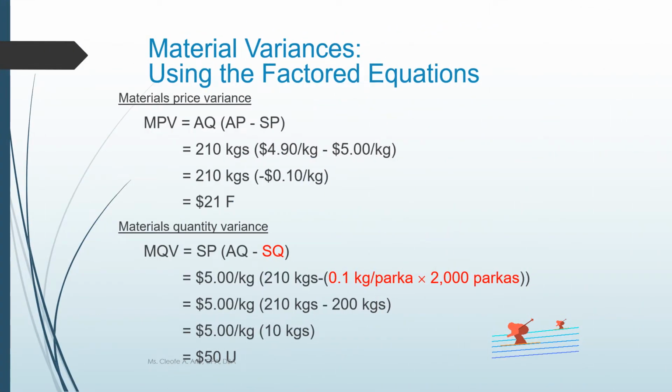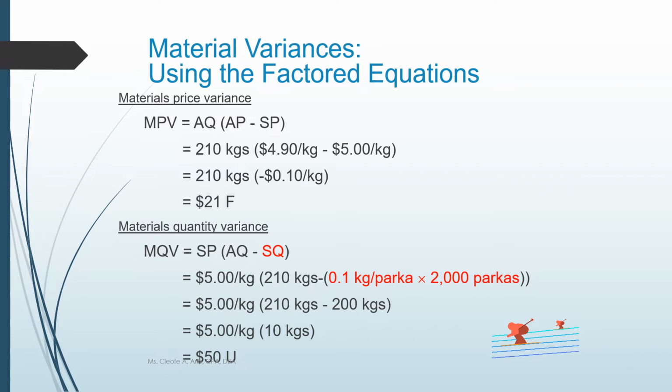In the slide, we can see another way of computing your material variances. This one is using your factored equations. Now, between this one and the traditional method, I am more comfortable using the factored equations. So, if you notice, the result will still be the same.